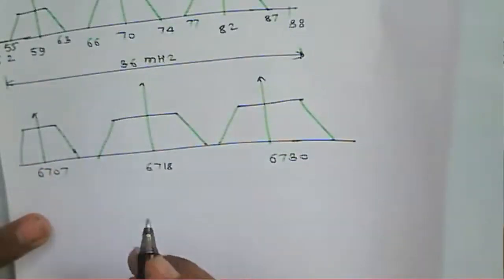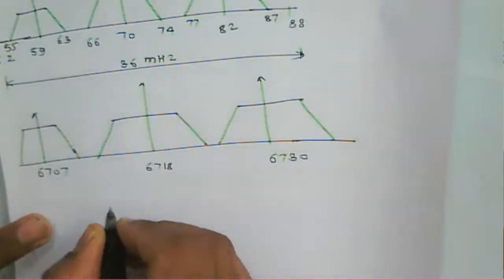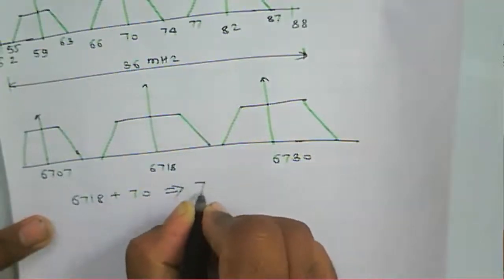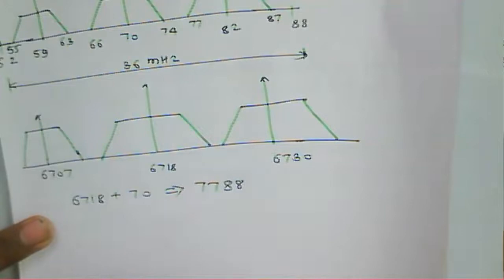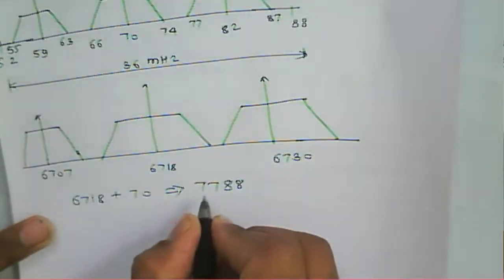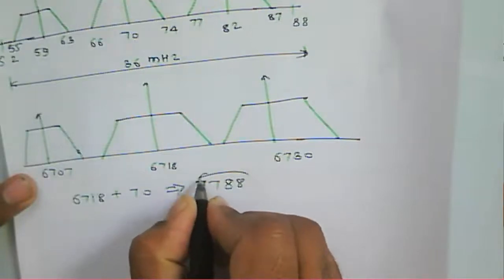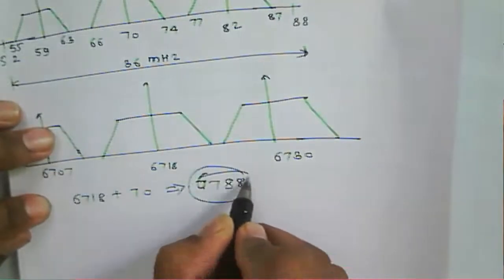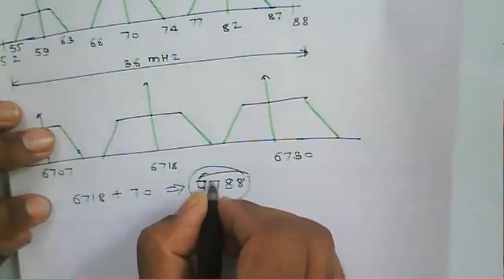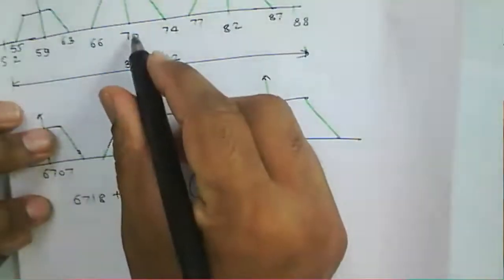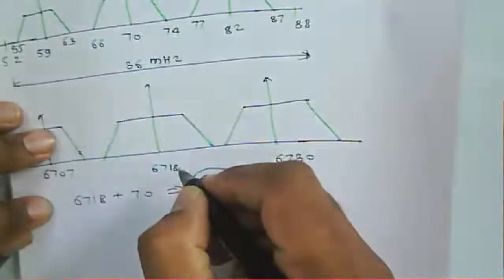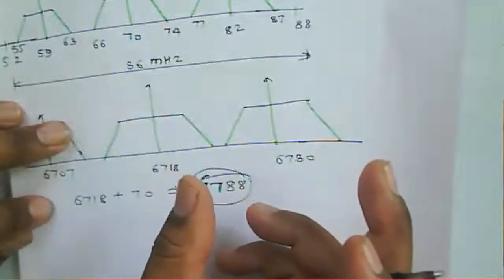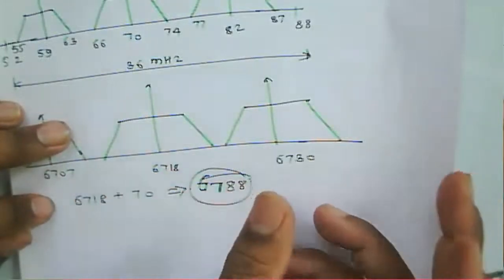So we have a 6788 megahertz here. Okay, 6718 plus 70, we'll get that 6788 megahertz. So if we apply a local oscillator frequency of 6788 here to this, so 6788 plus 70 or 6788 minus 70 means we'll get the two components, that is the sum component and a difference component.